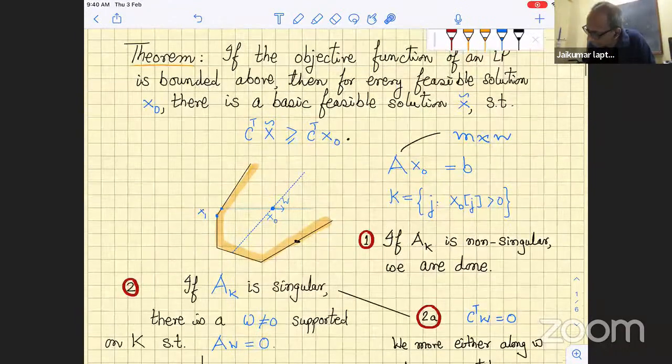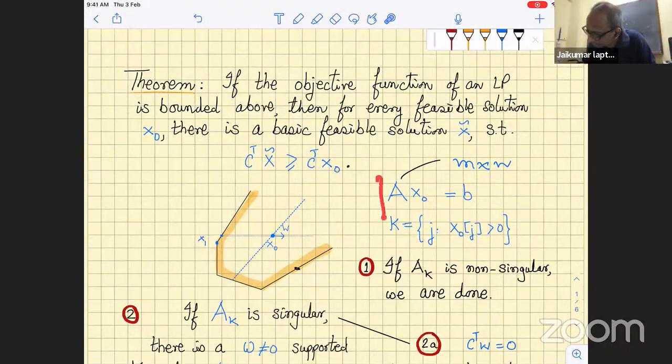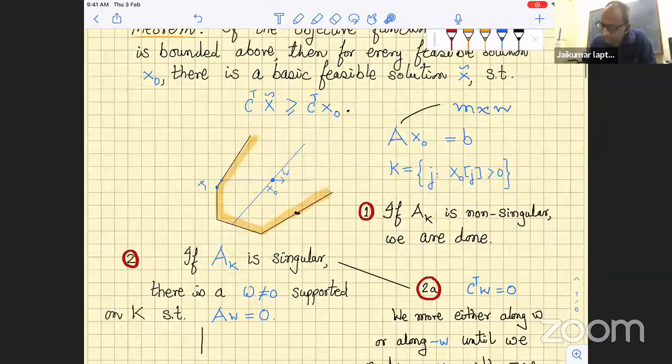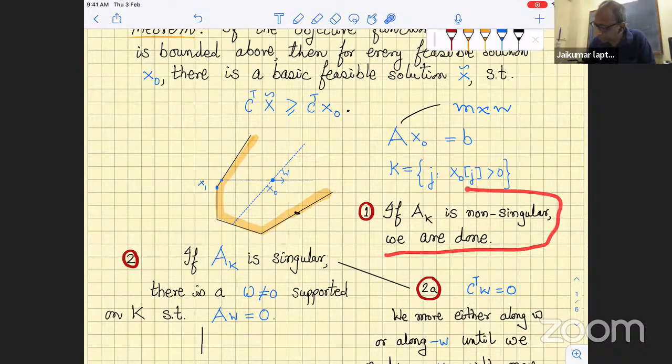So we can return to this step with this new value x1. This K would have shrunk because one more value has become 0. And we repeat. Eventually, you will be left with only linearly independent columns, and then you would have found the basic feasible solution.